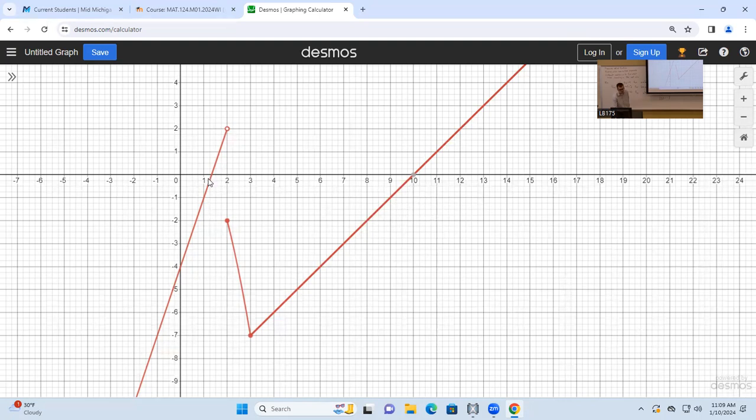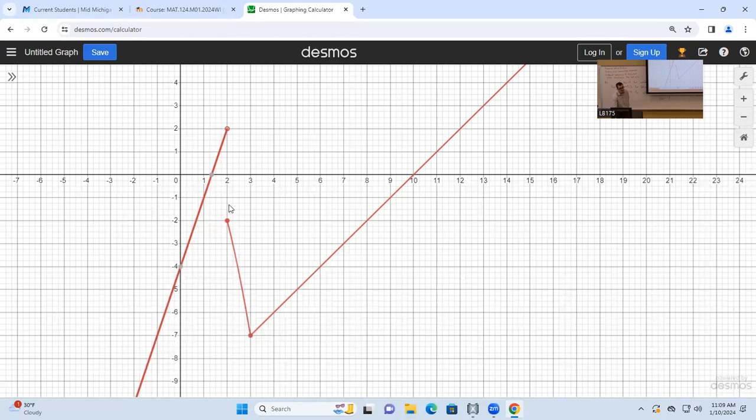However, if you look between 1 and let's say 2.5, once I get to 2, to get to the other side, I'm going to have to lift up my pencil. Right?